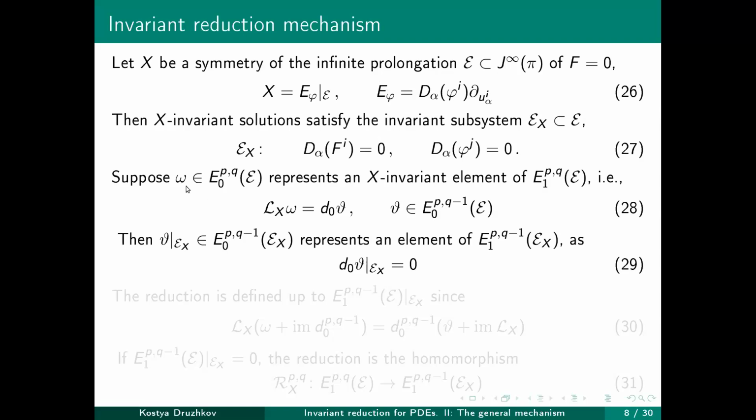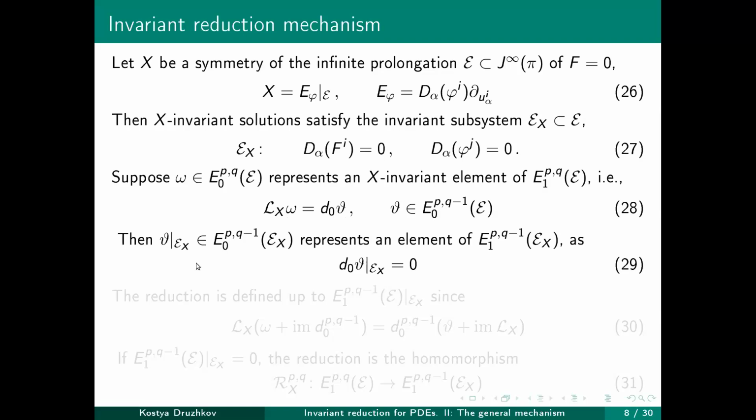Suppose that omega represents an X-invariant element of a group on the first page of the Vinogradov C-spectral sequence. Since it is invariant, the derivative of the representative must represent a trivial element. That is, it must be a coboundary. So there must be an element theta such that the derivative is d0 of this theta.